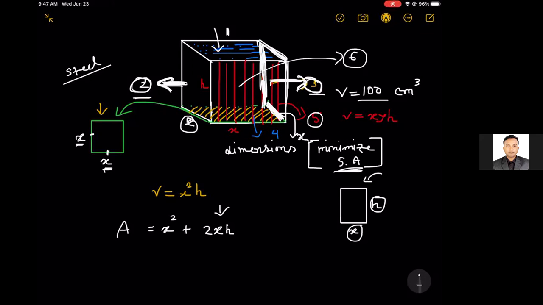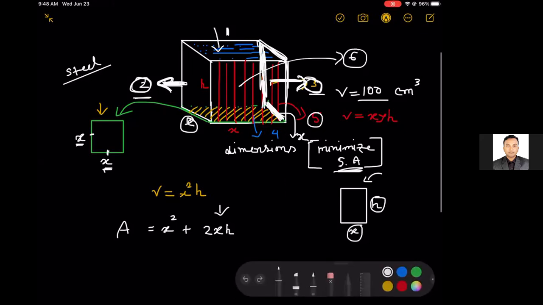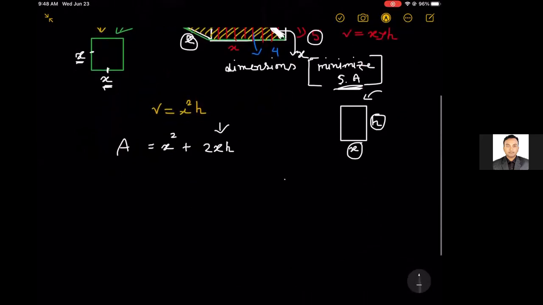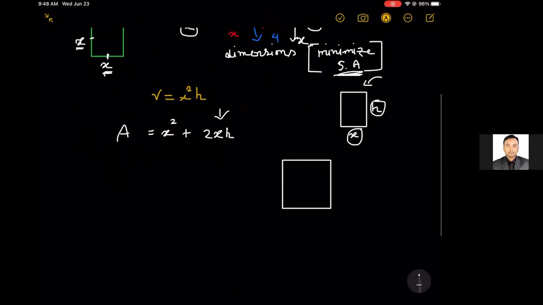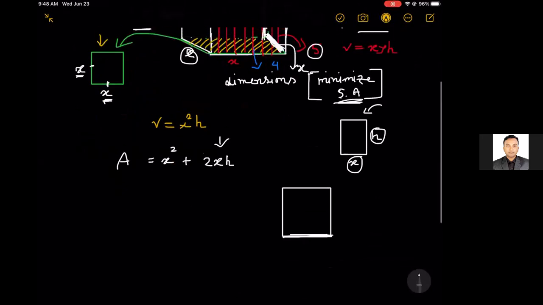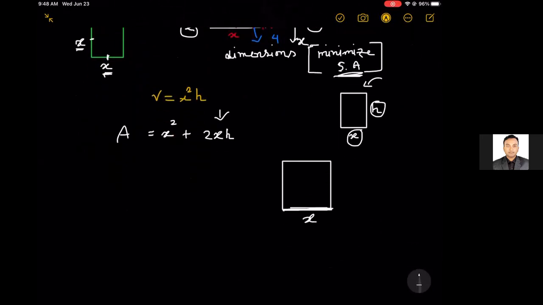Let's see the other two surfaces, 5 and 6. So again, if I draw the surface facing you, it looks like this, right? This is the surface facing towards you, okay? Obviously, this part is from the base, and I know that the base has a side x all the time, and this is the height of the tank, it's h.